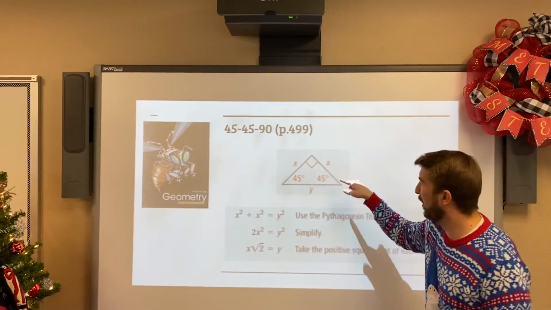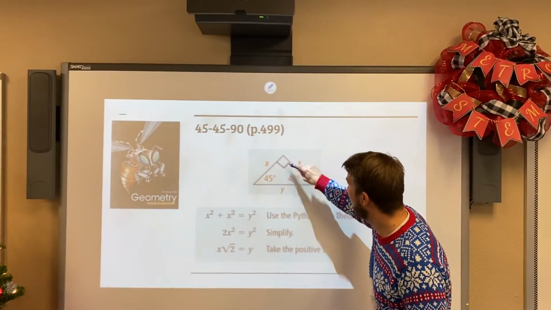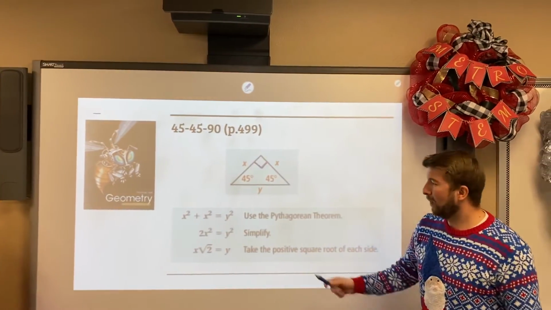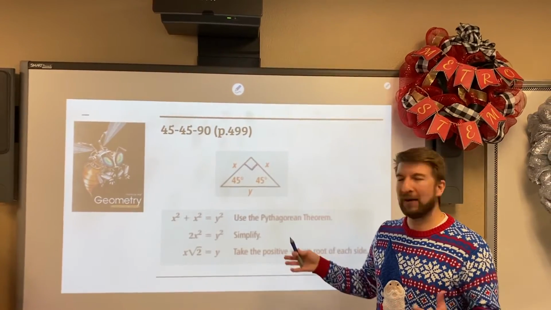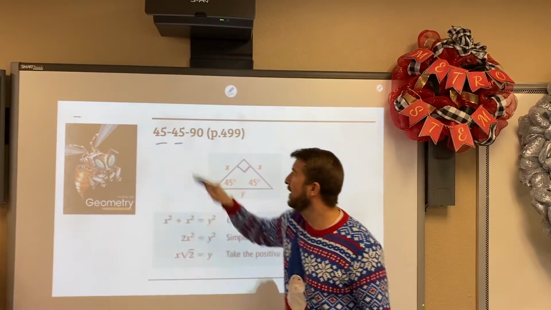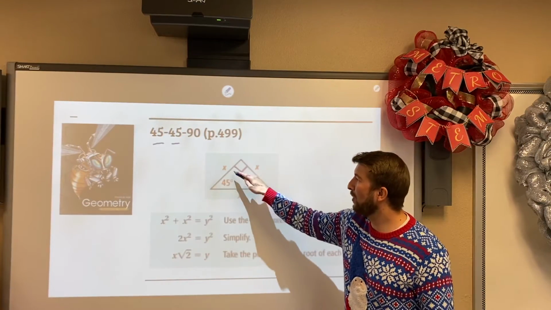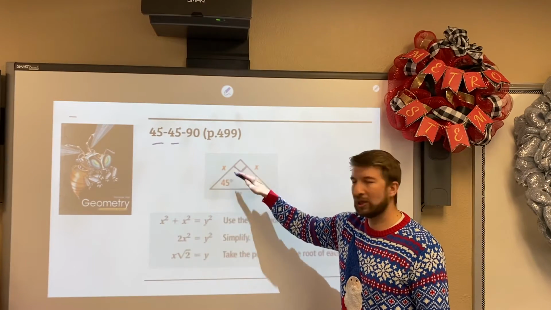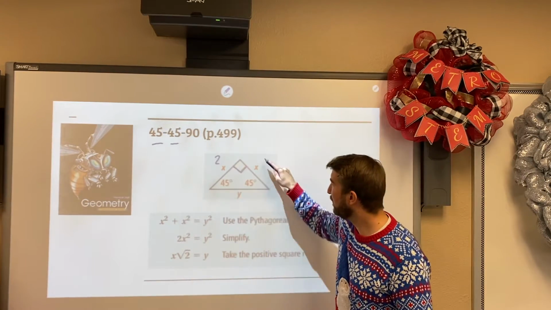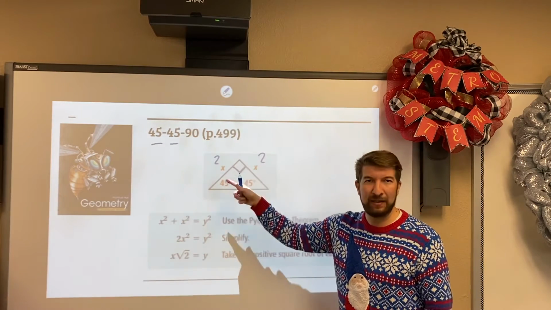This is a right triangle. It's called a right triangle because it has a right angle. What we can learn about these special right triangles, this 45-45-90, is that the shorter sides are going to be the same length.